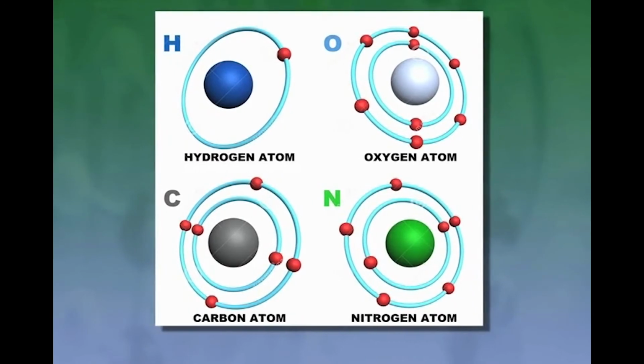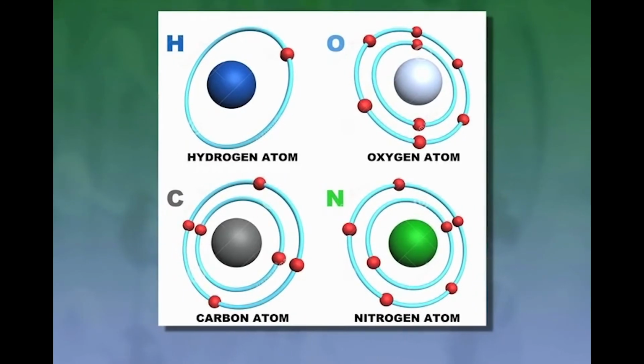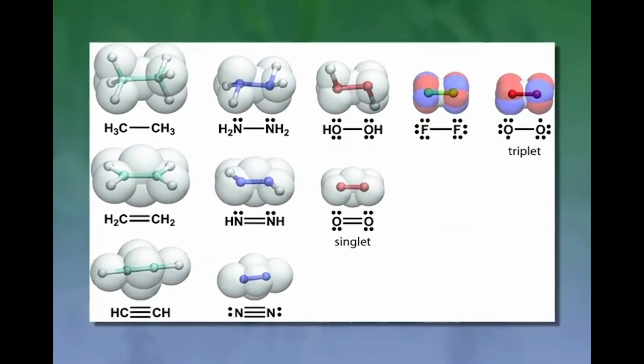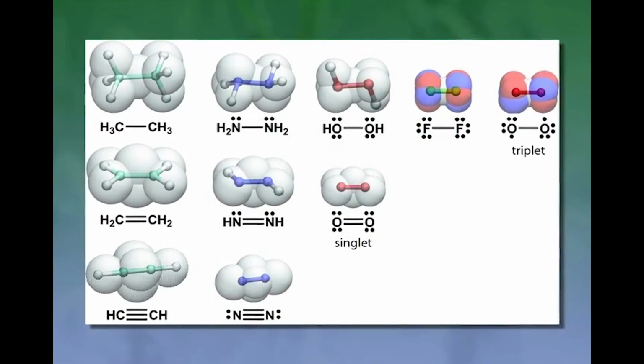Only about 30 of the more than 90 naturally occurring chemical elements are known now to be essential to organisms. The four most important and abundant elements in living organisms, in terms of percentage of number of atoms, are hydrogen, oxygen, nitrogen and carbon, which together make up more than 99% of the mass of most of the cells. They are the lightest elements capable of forming 1, 2, 3 or 4 bonds respectively.